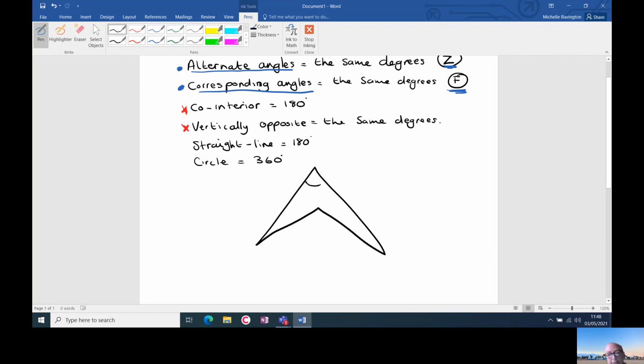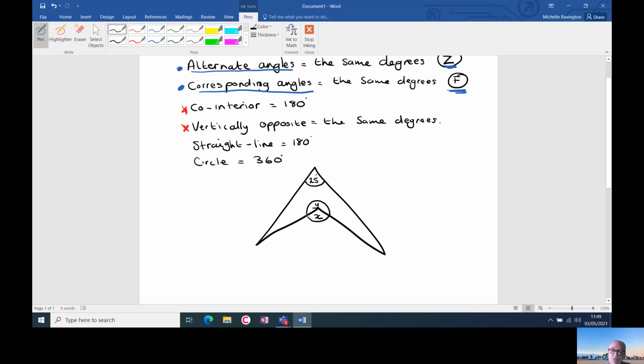And this here is 25 degrees. And you've got to try and find X and Y. Now, you may think you haven't got a lot to go on. You actually have.